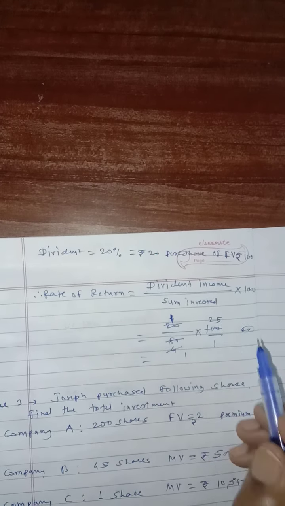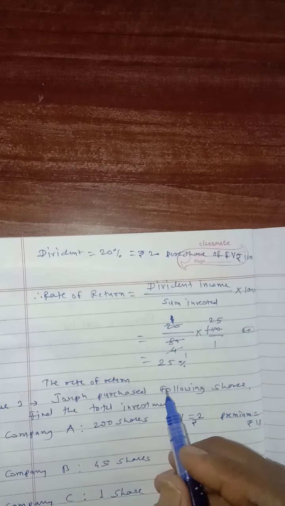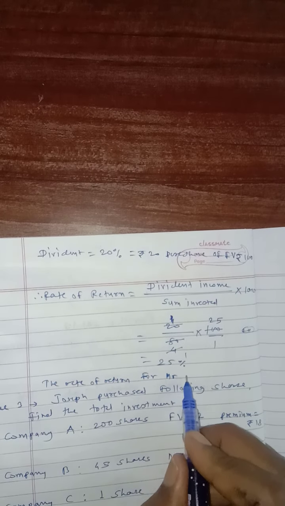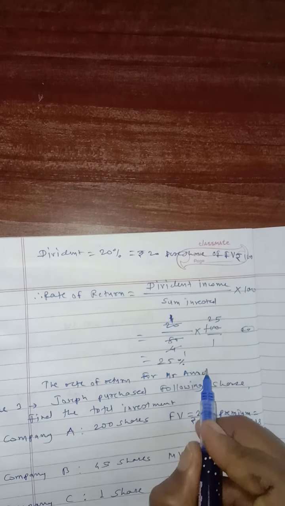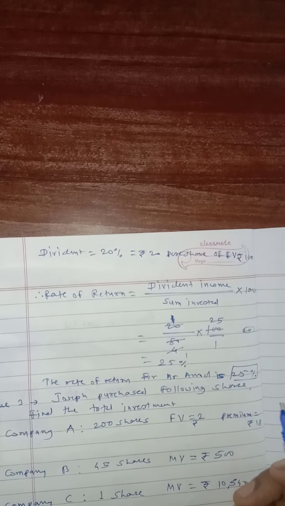Therefore, the rate of return for Mr. Amol is 25%. This is the second example.